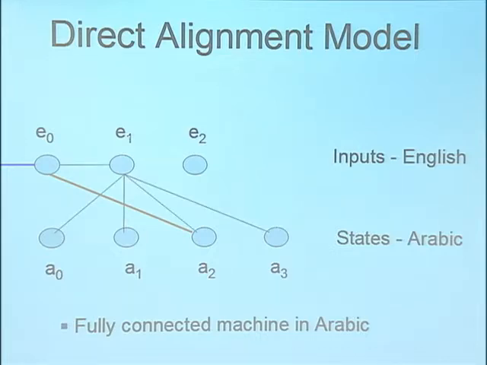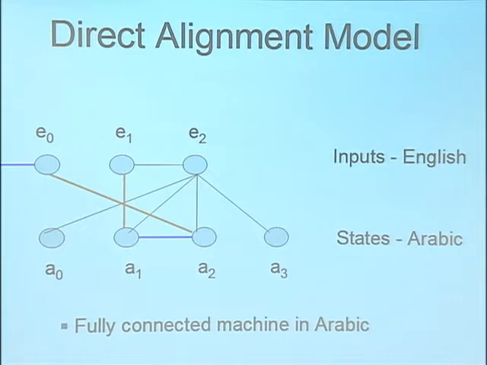Then we get to the E1 position, and again hypothesize that it goes to one of the A states. Let's say this time it comes from A1. So now we have a path: we aligned E0 to A2, and then E1 to A1. We have this path as part of the history. When we consider E2, we also know the state positions we're considering, and the path that has been traversed so far.